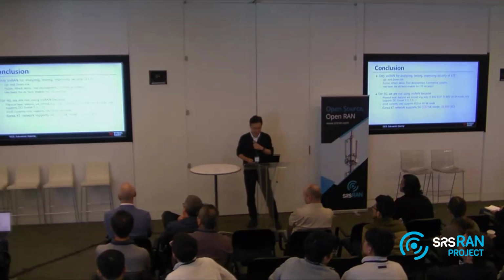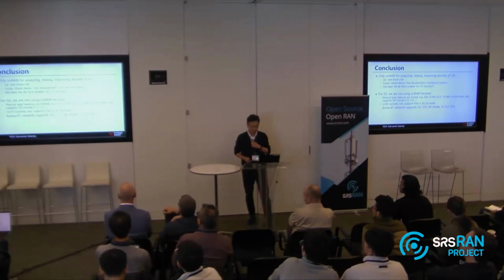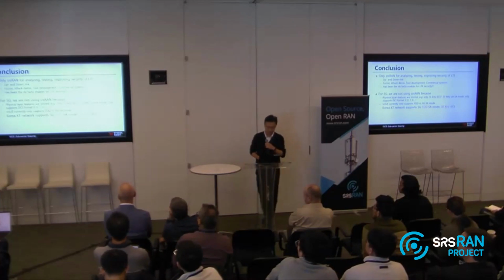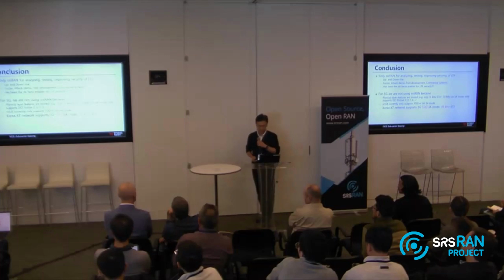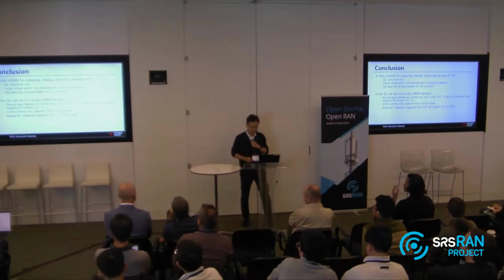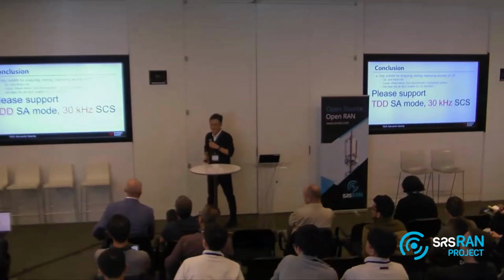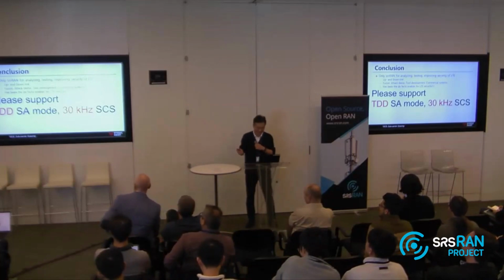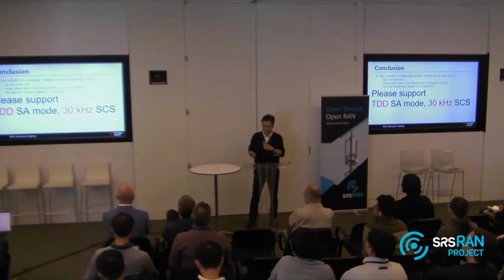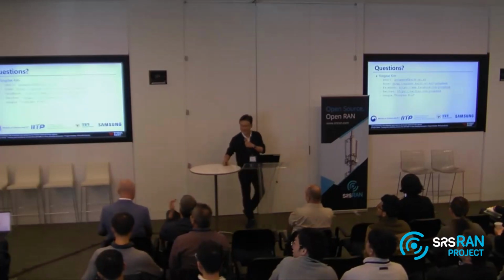Only Release 15 on the UE side. srsUE currently only supports FDD in 5G SA mode, but the Korean KT network supports 5G TDD, SA mode, and 30 kilohertz SCS. So I came here to say that please support TDD, SA mode, and 30 kilohertz. Otherwise, we cannot do this kind of research anymore. Thank you very much.